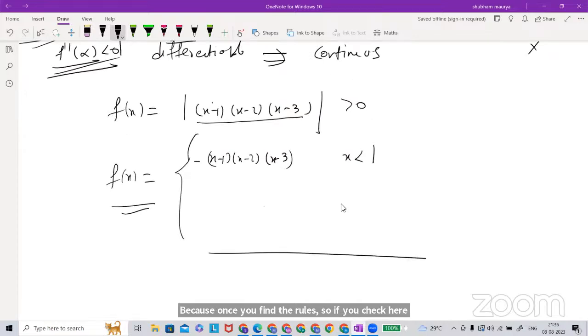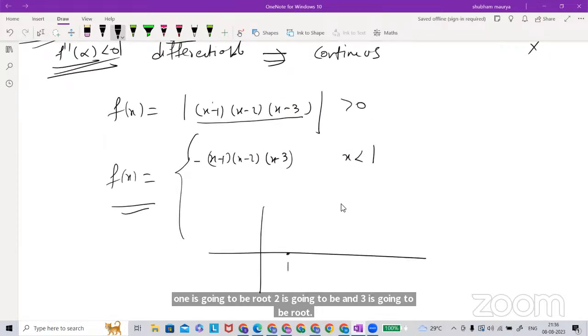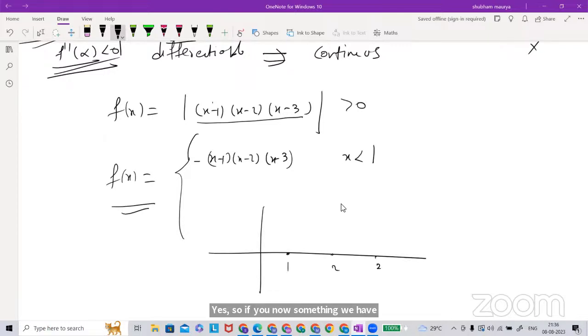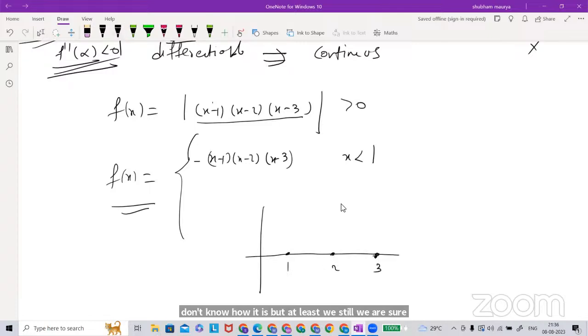Okay, so suppose here is 1, here is 2, and here is 3. At least at those points the function value is going to be 0. So either it goes this way, or like this, or like this, we don't know how it is, but at least we are sure that the function value there is 0.